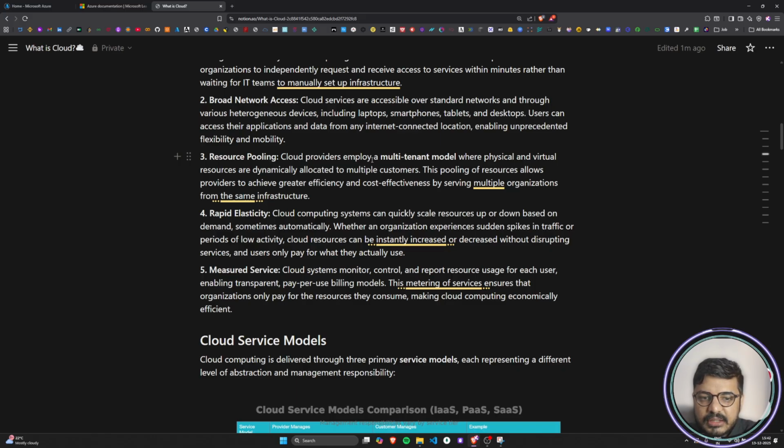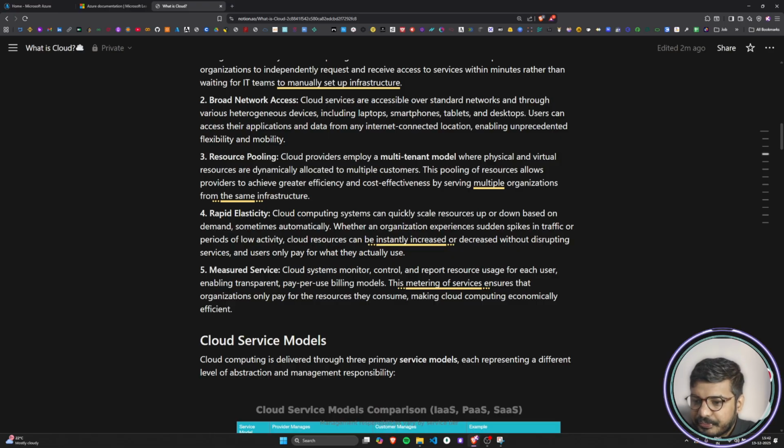Cloud providers employ a multi-tenant model where physical and virtual resources are dynamically allocated to multiple customers. So here a single infrastructure or a single resource can be distributed to multiple users.